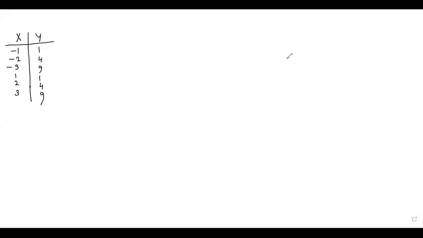We'll try to look at the nature of the scatter plot, and from this, if we can identify any sort of non-linearity hidden inside it, then we can assume an equation of this form. This equation that I'm going to write over here is obviously not a linear equation. So I am actually going to write an equation which is a polynomial of degree 2, and you can also call it a fitting of a second degree parabola.